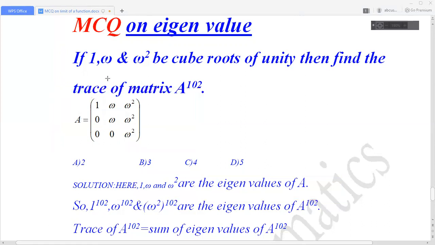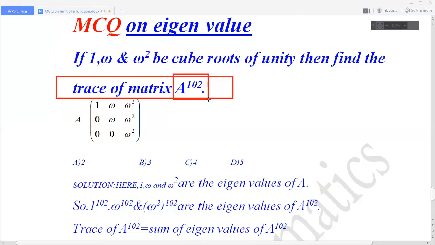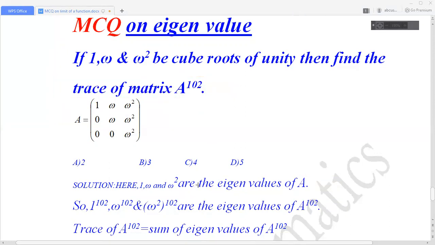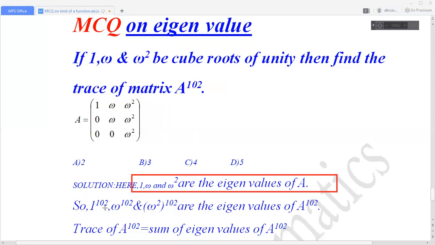We are just going to find out the trace of this matrix A to the power 102. Okay, let's find out the eigenvalues for the matrix A to the power 102 first. Here we know that 1, omega and omega square are the eigenvalues for the matrix A. So 1 to the power 102, omega to the power 102 and omega square to the power 102 will be the eigenvalues for the matrix A to the power 102. This is also one very important property of the eigenvalues of the power of a matrix. The matrix A to the power 102 will have the eigenvalues as all eigenvalues raised to the same power 102: 1 to the power 102, omega to the power 102 and omega square to the power 102.